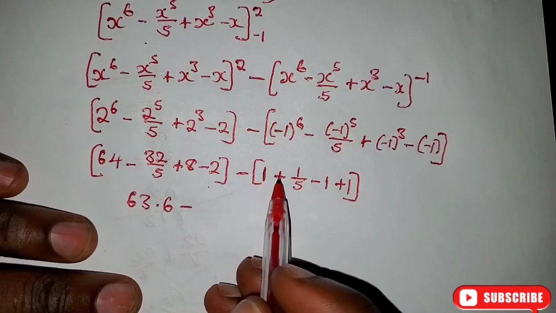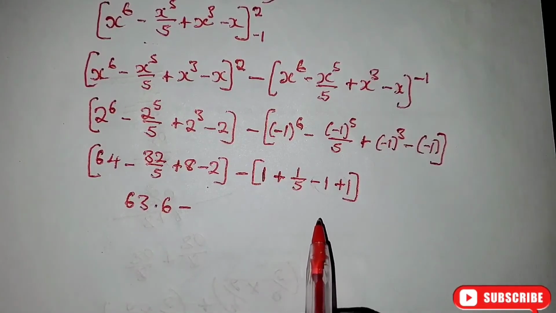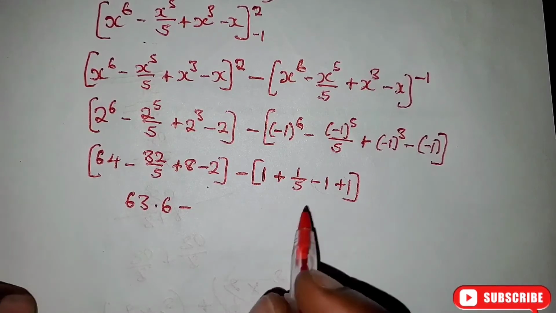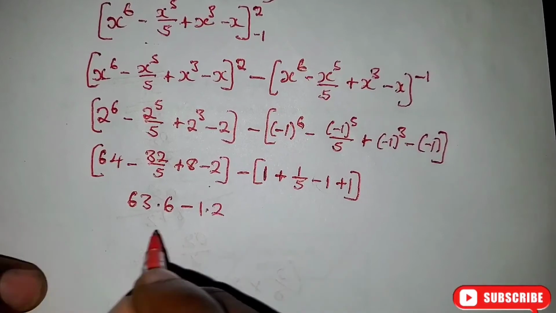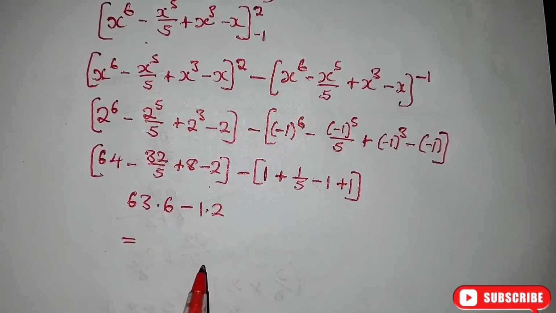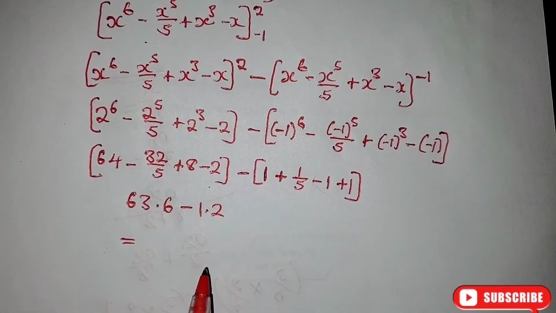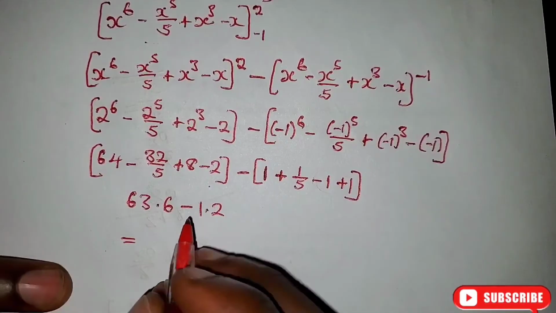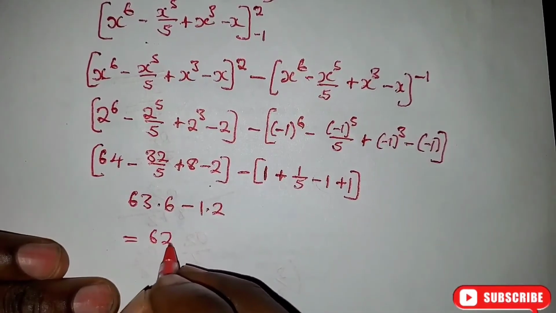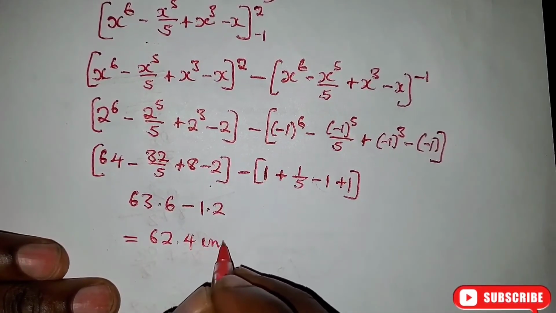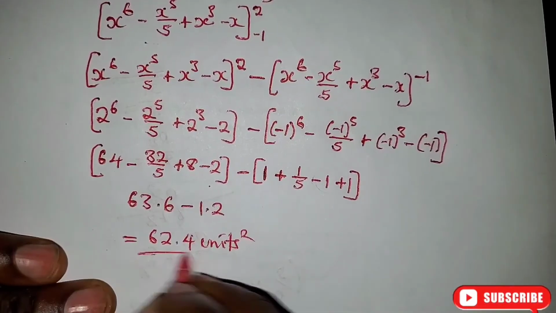So let's just deal with 1 plus 1 over 5. You can say 1 plus 1 over 5 is giving me 1.2. So when we subtract these, 63.6 minus 1.2 is giving me 62.4 units squared.